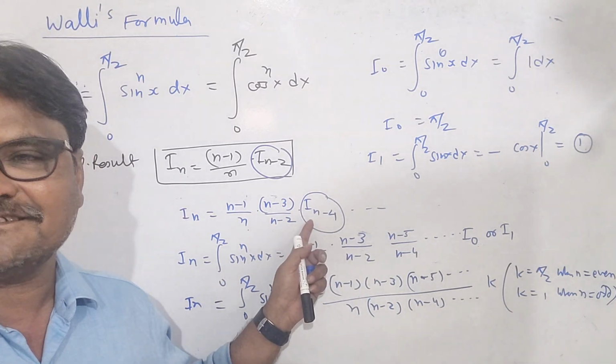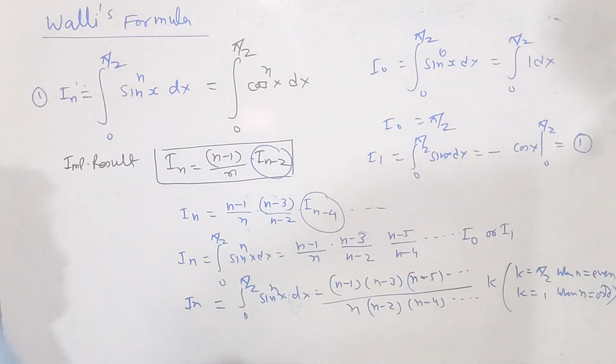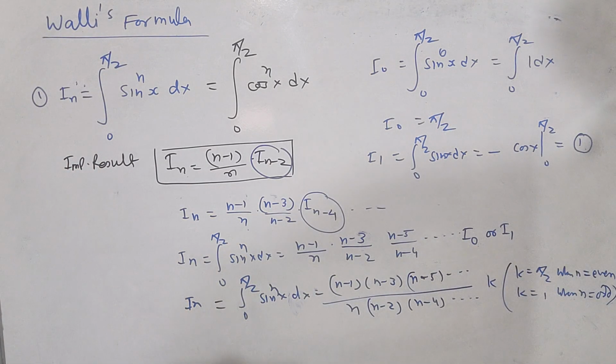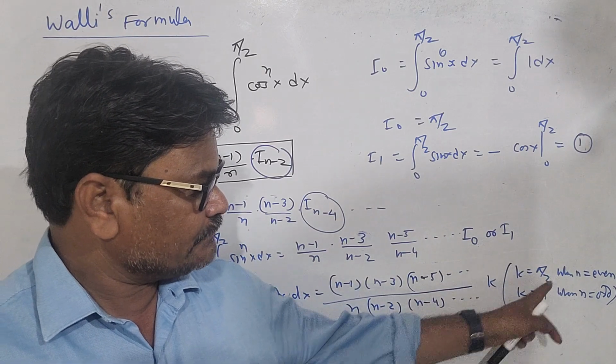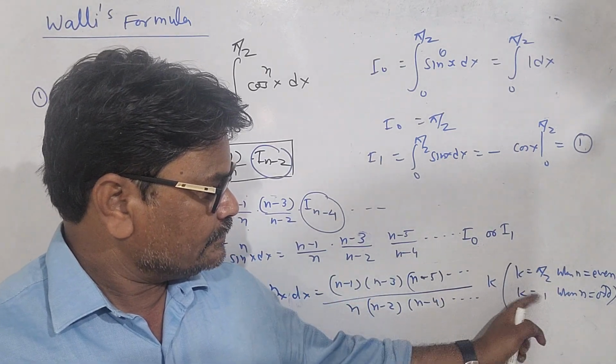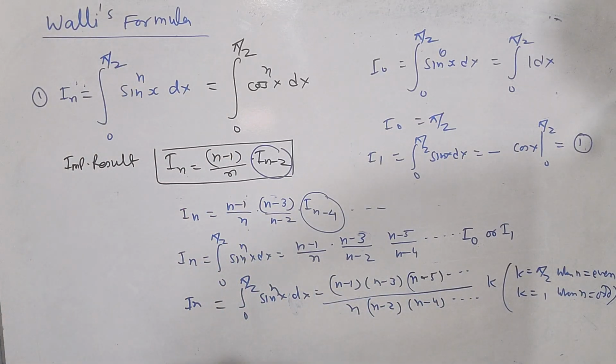When n is 4, then 4 minus 4, that is I0, that is equal to pi by 2. Correct? So therefore this k is pi by 2 when n is even, and k is equal to 1 when n is odd. You have to remember.